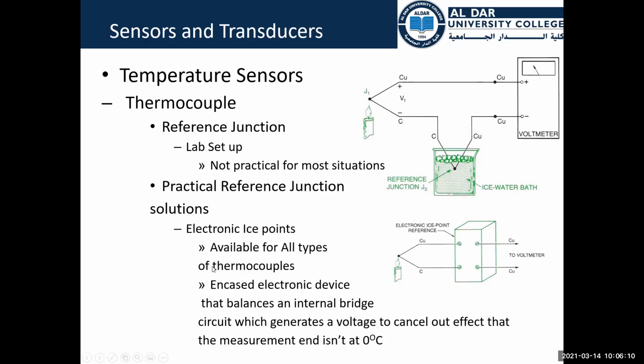There is another solution for this. This is electronic ice points. The electronic ice point is an electronic device. It can sense the temperature and make the temperature 0 at metal A and metal B. And this is more feasible and more portable.